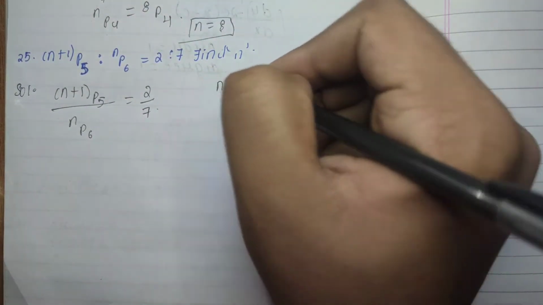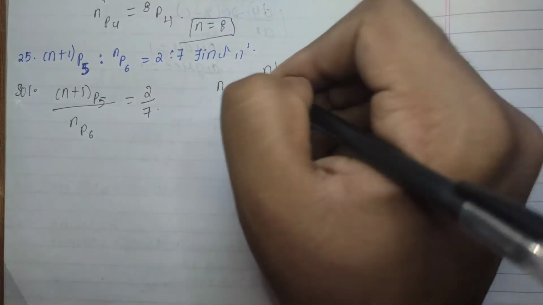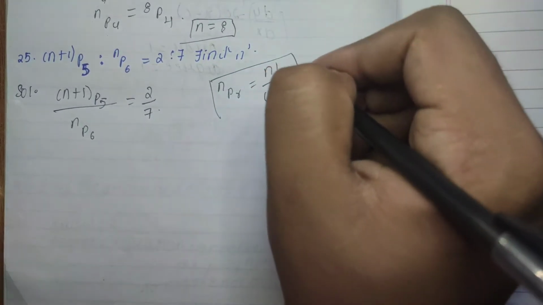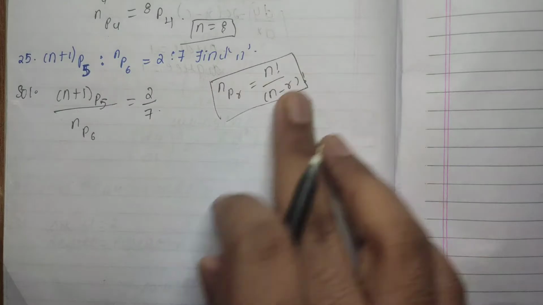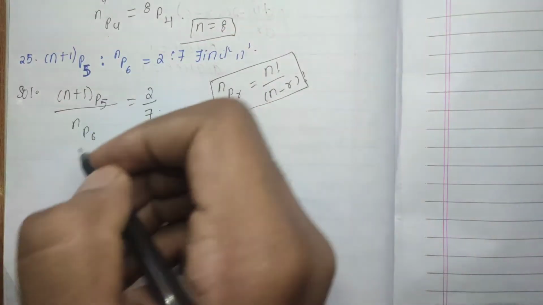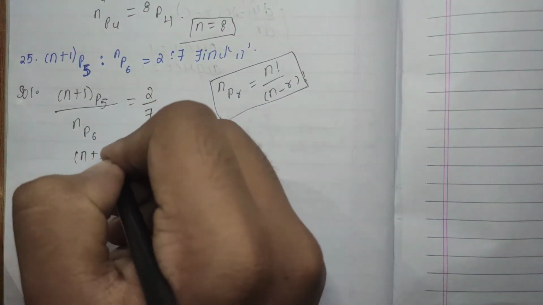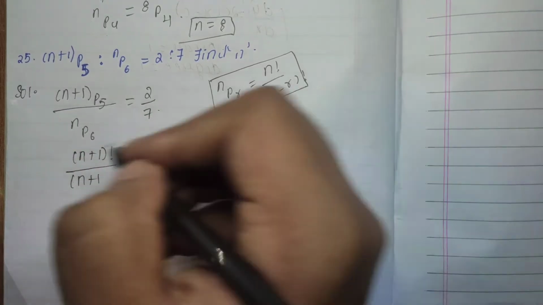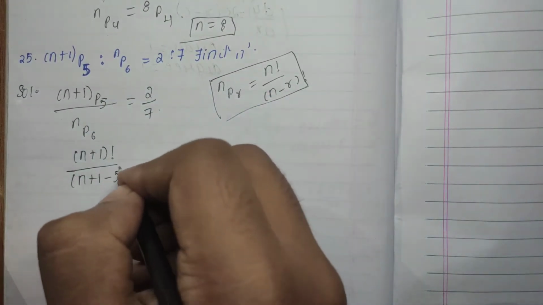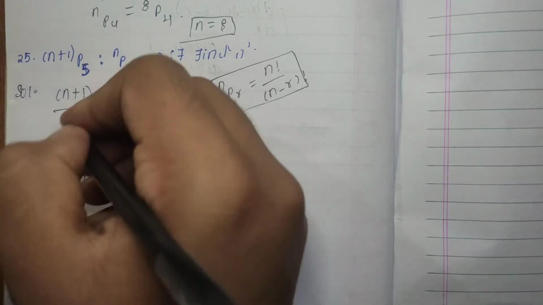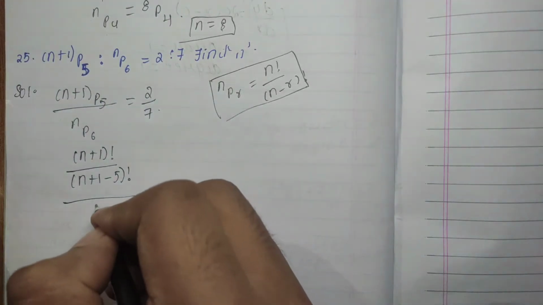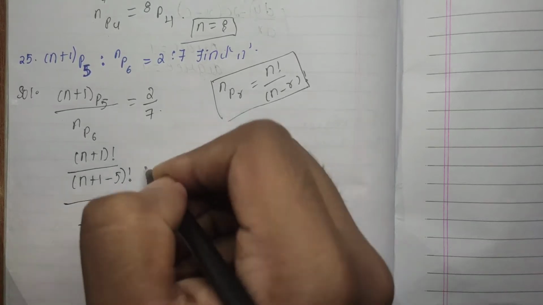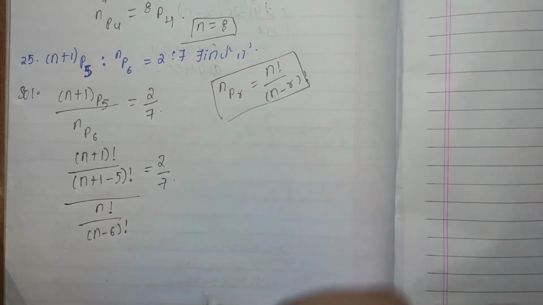The formula of nPr is equal to n factorial by (n minus r) factorial. So remember this formula. Using this formula, convert this: (n+1) factorial by (n+1 minus 5) factorial, whole by n factorial by (n minus 6) factorial, equals 2 by 7.